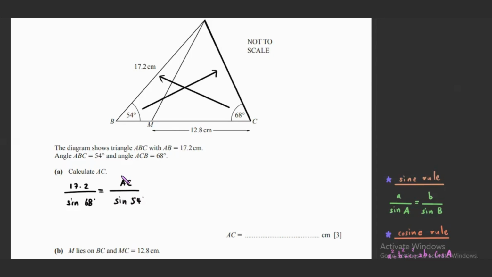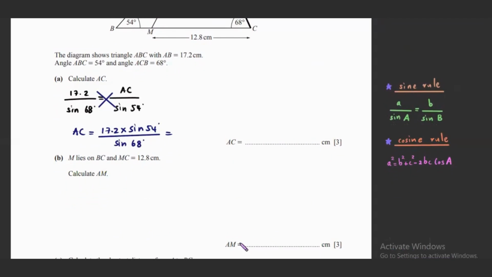Now I need to solve this to find what AC is. So I need to cross multiply and isolate AC. Or simply, I can bring this sine 54 to the other side. So I can isolate AC, which means this AC will be equal to 17.2 times sine 54, and then I need to divide it with sine 68. I'm going to put this in the calculator and see what we get as the value for AC.